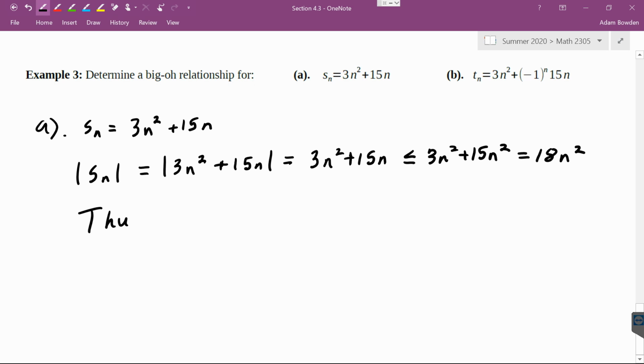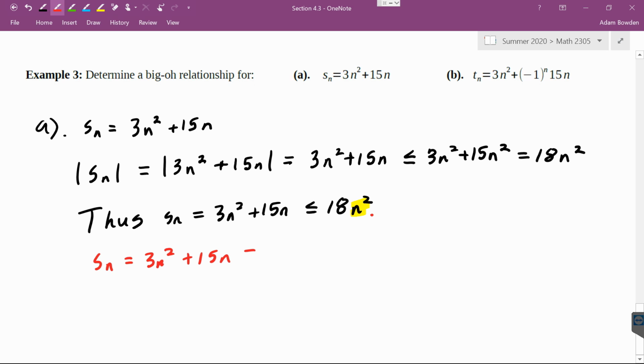Thus we can say that S of n equal to 3n squared plus 15n is less than or equal to 18n squared. And since that's a constant times n squared, S of n equal to 3n squared plus 15n will be big O of n squared.